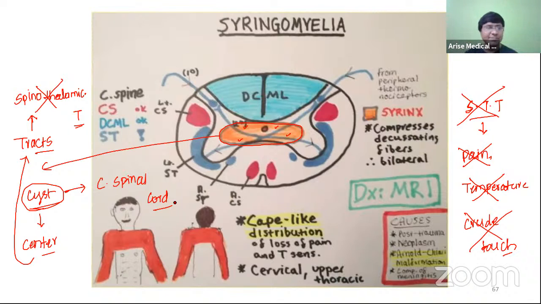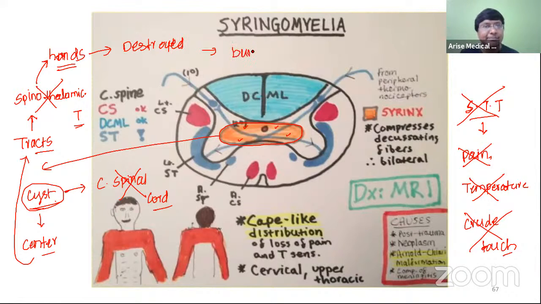So if there is a cyst in the cervical spinal cord, the spinothalamic tracts of the hands are completely destroyed. So the individual cannot feel the burning sensation of the hand.